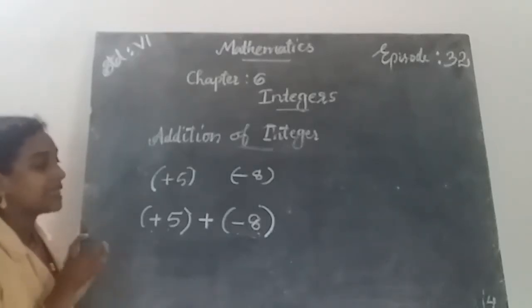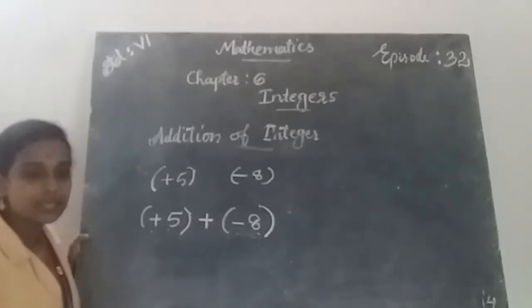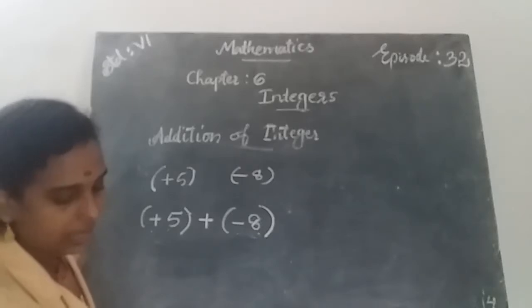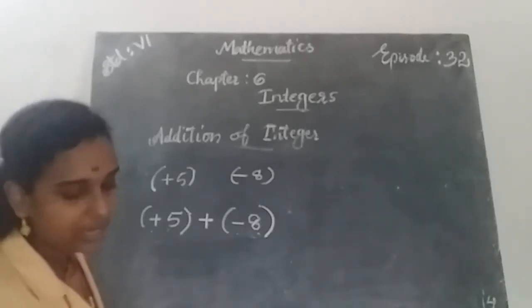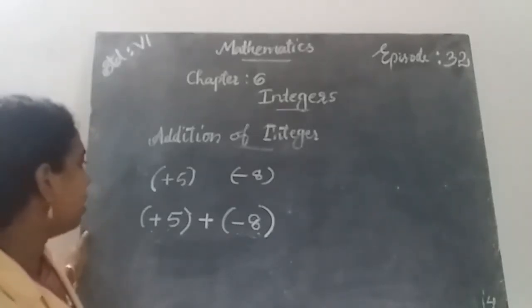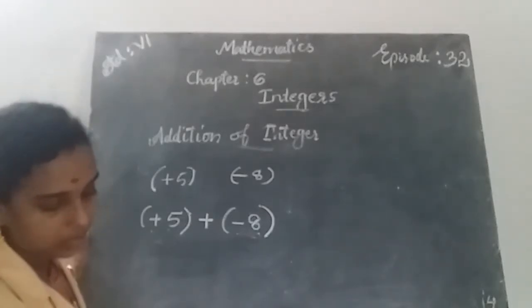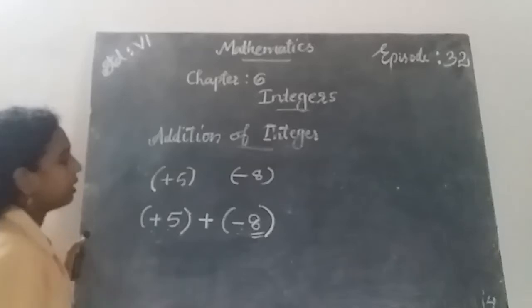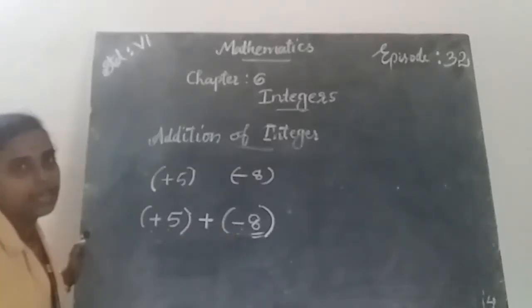We subtract these numbers and take the sign of the largest or biggest integer. Which is the biggest integer? It's 8, and the sign of 8 is negative.